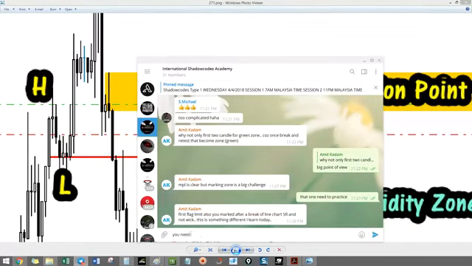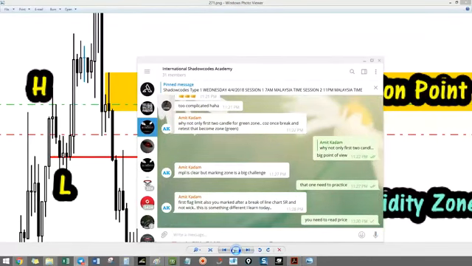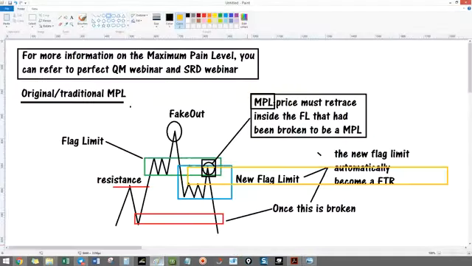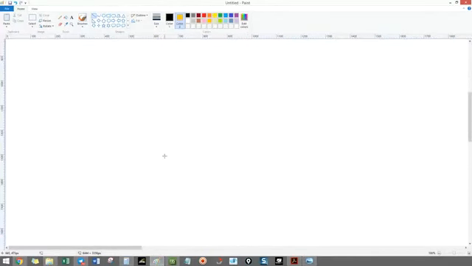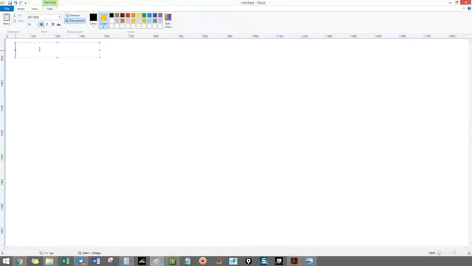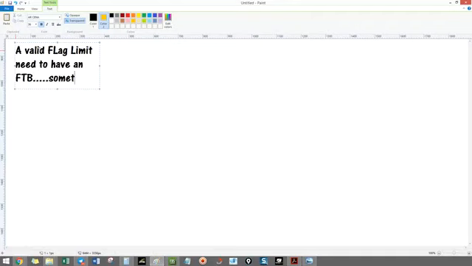You need to read price. Okay. How to read price? Okay, I will add another thing. So to know this flat limit is a valid flat limit, it needs to have an FTB sometimes.